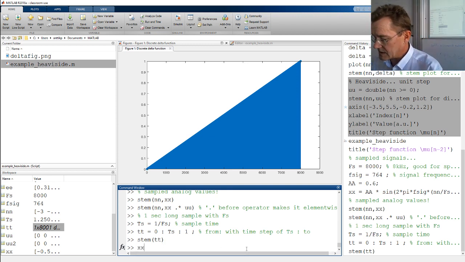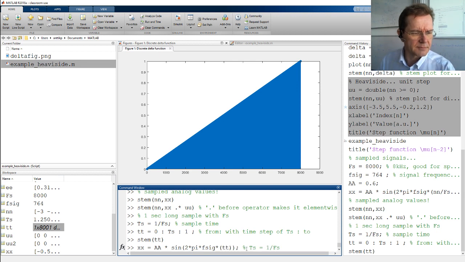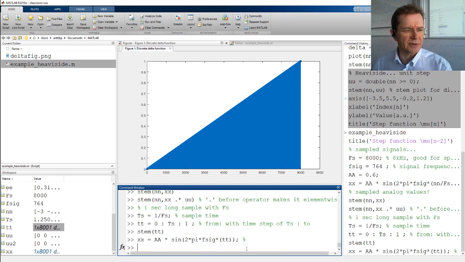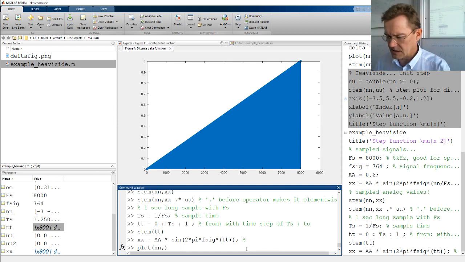Even if you do the sampling of the signal now, instead of that one, we have just the TT, so pre-generated timing. If we plot that one, it does not make much sense.